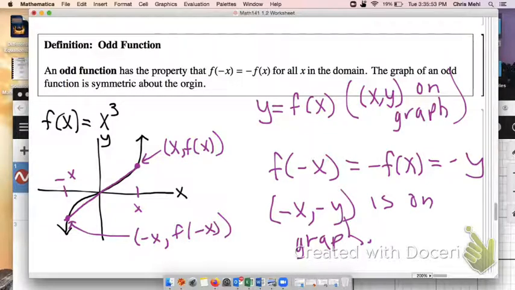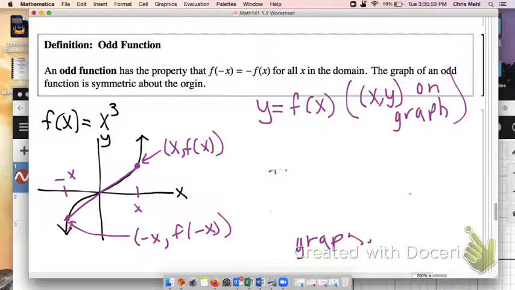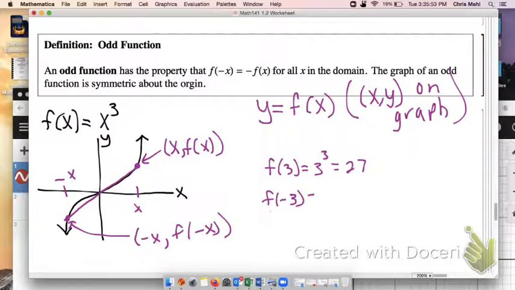Okay, and x cubed is your prototypical one. For example, if I do f of 3 here, I'm going to get 3 cubed, which is 27. If I do f of negative 3, I'm going to get minus 3 cubed, which is negative 27.